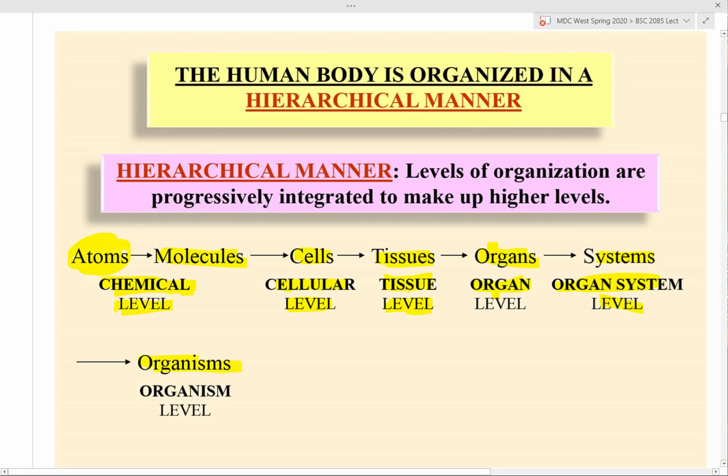What is an organism? You are an organism, right? So if one of those systems fails, then you have a system failure, which is a pathology underneath that is causing this to happen, okay?